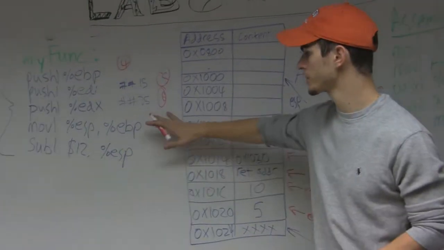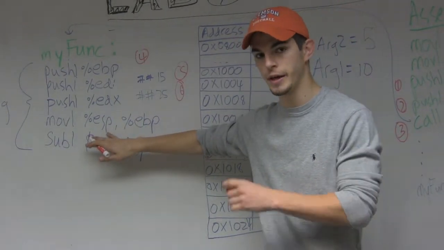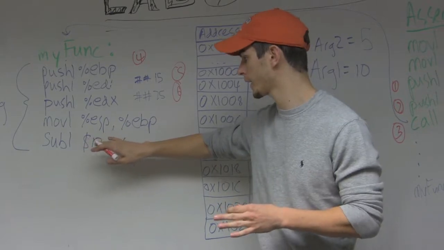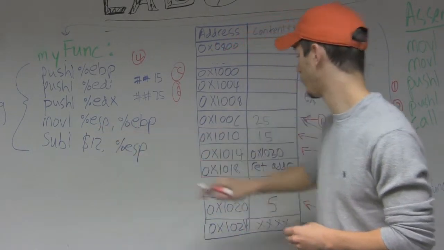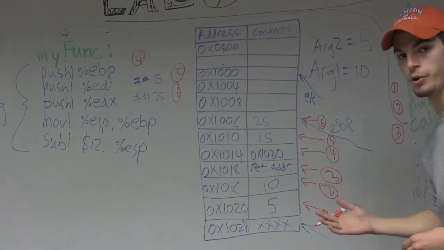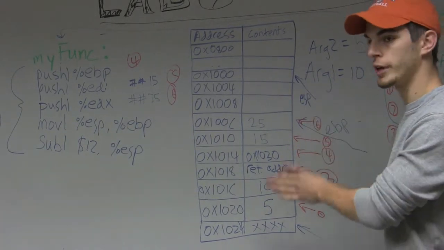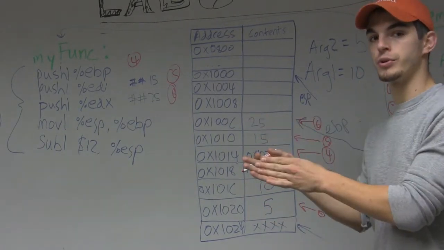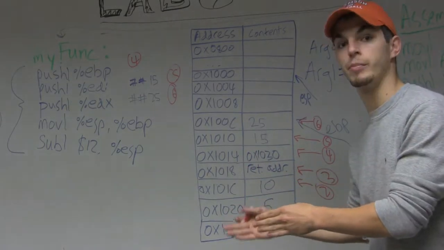So then after this, since the stack pointer holds a location that is pointed at on the stack, by moving that location into the base pointer, it's changing the location that the base pointer is pointing at and moving the location that is stored in the stack pointer to also be pointed at by the base pointer.